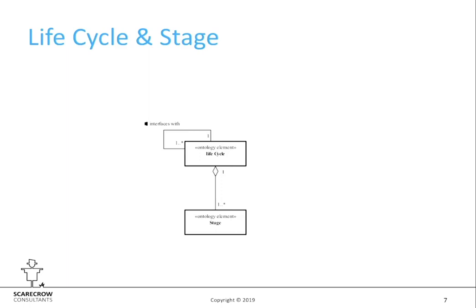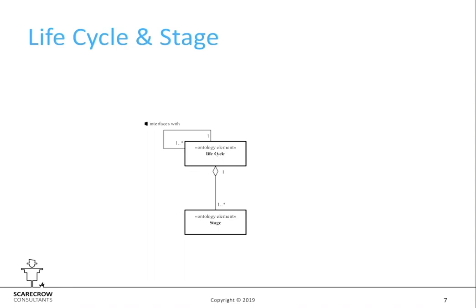The first thing to talk about is that we've got life cycles defined. 15288 defines a life cycle. Anybody that does work for the MOD in the UK, they've got CADMID and CADMIT life cycles. And life cycles define a number of stages that you have available to you.